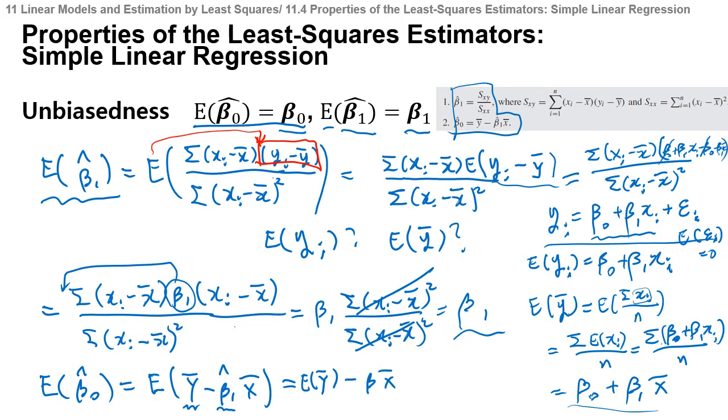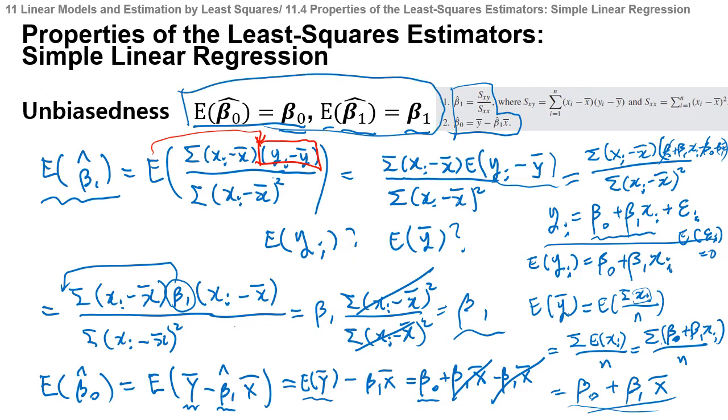The expected value of y bar is beta 0 plus beta 1 x bar, so this is beta 0 plus beta 1 x bar minus beta 1 x bar. So this part cancels, and you will have beta 0. And so we showed the unbiasedness property.